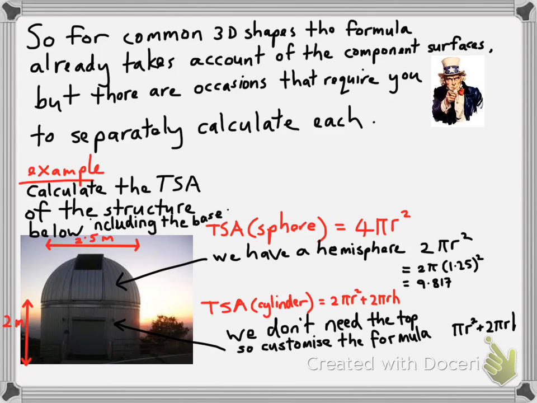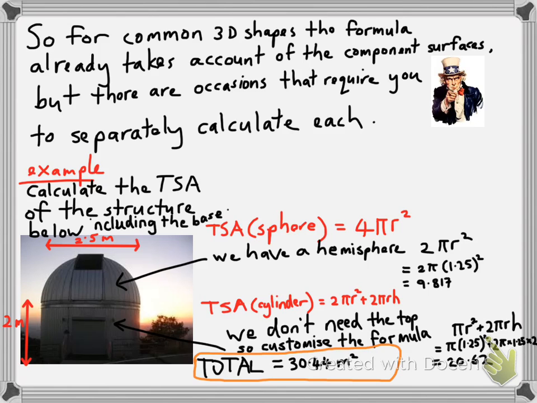So we're effectively customizing the formula to make it fit our shape, a cylinder including the bottom but not including the top circle. When we calculate that using the radius of 1.25 and the height of 2 meters for the cylinder, we get 20.62. So now it's just a matter of totaling that up to give 30.44 square meters.